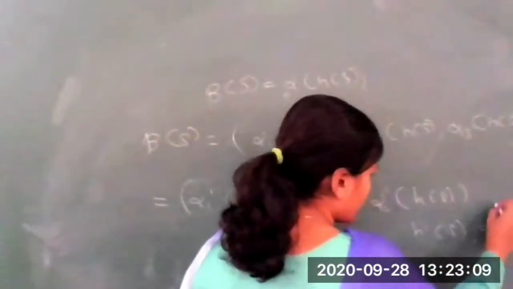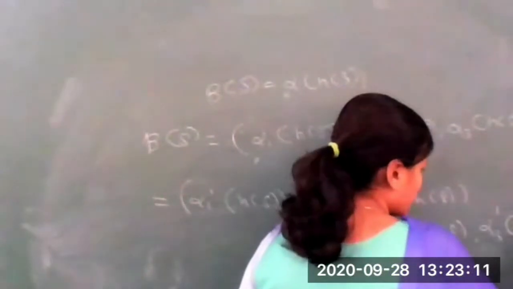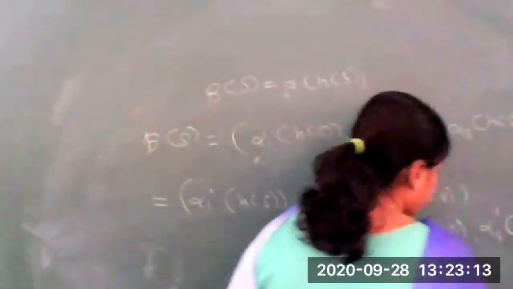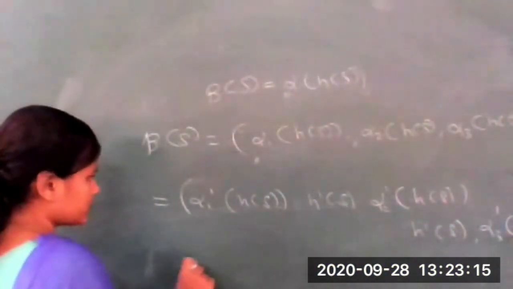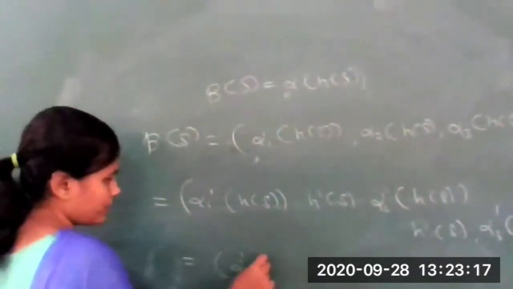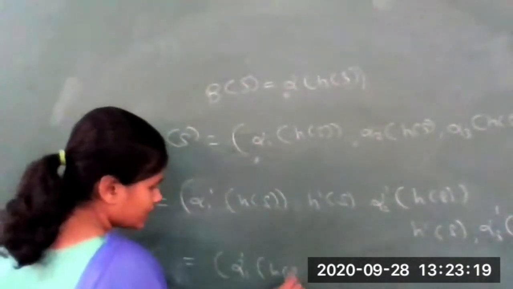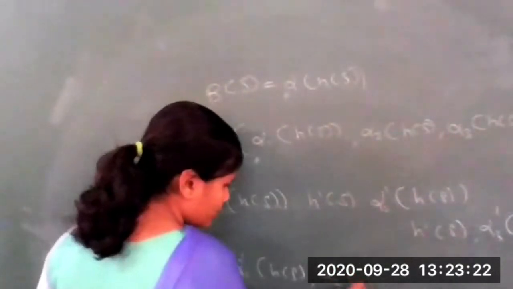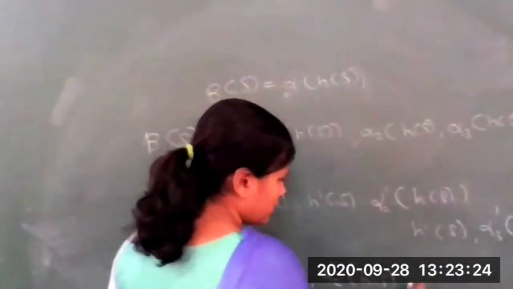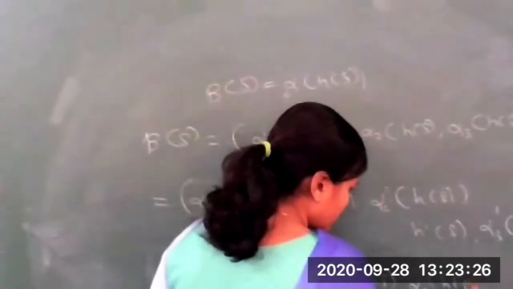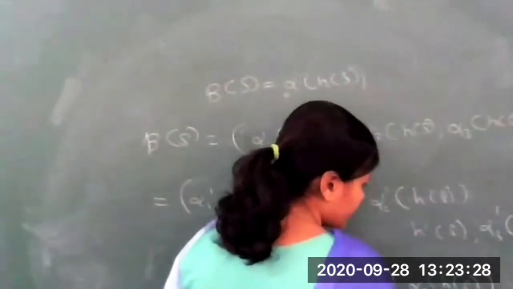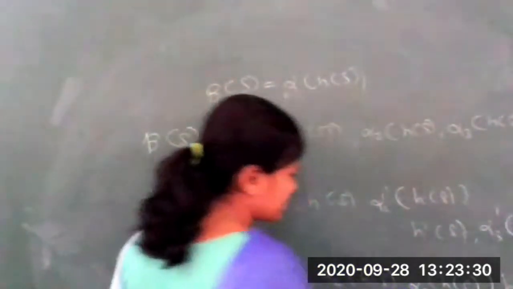Third term, alpha 3 dash of h of s into h dash of s. If you take h dash of s common, this will be alpha 1 dash of h of s, alpha 2 dash of h of s, alpha 3 dash of h of s, and outside the bracket will be h dash of s.